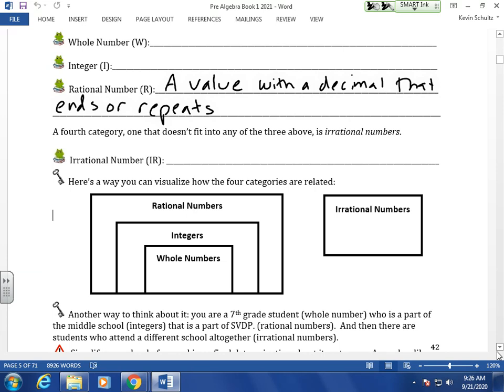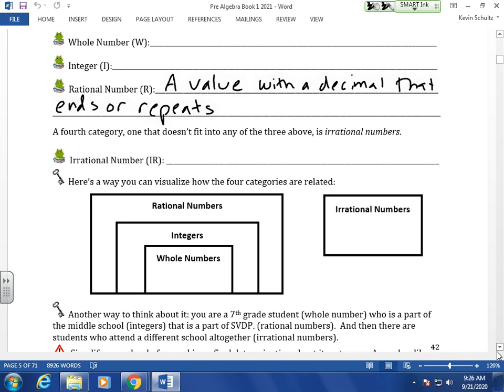Basically just a number. That's true, but what characteristics are specific to integers? Every integer is a rational number, but not all rational numbers are integers. What's the difference between an integer and a rational number?